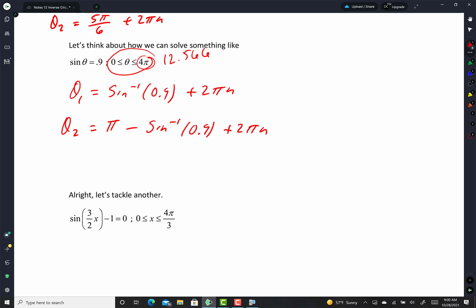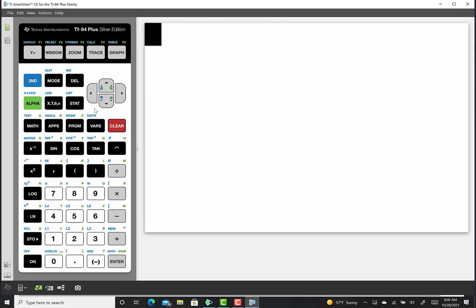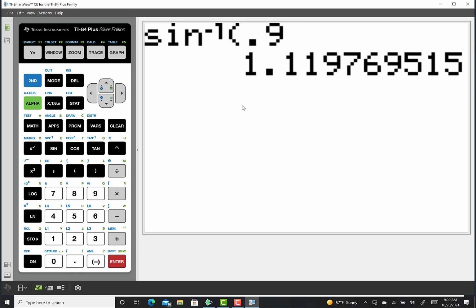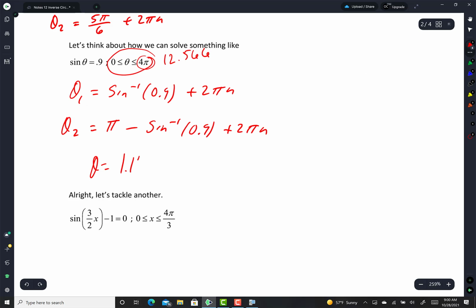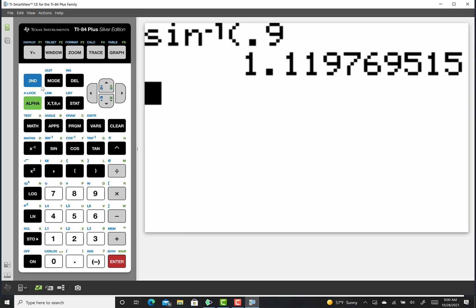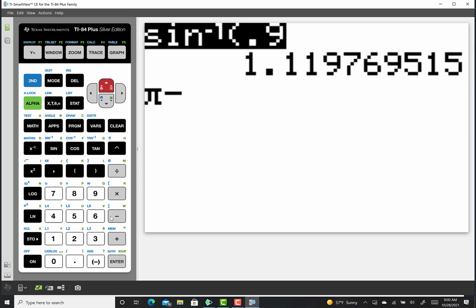So here we go. Take your calculators. Theta 1 equals, I'm going to go clear second arc sine 0.9, enter. So I got 1.1197, comma. Now I'm going to go pi minus arc sine of 0.9 again. I know I can go pi minus 1.1197, but I like to write pi minus arc sine of 0.9.